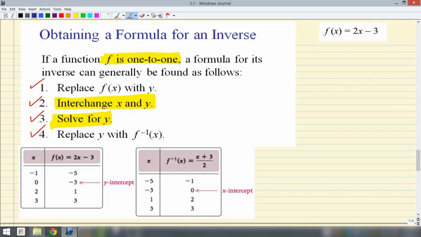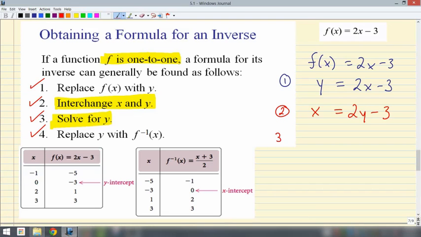So here we have f of x equals 2x minus 3. So step number 1, change f of x to y. That's easy. That's just relabeling. Step number 2, swap x and y. Step number 3, solve this for y.